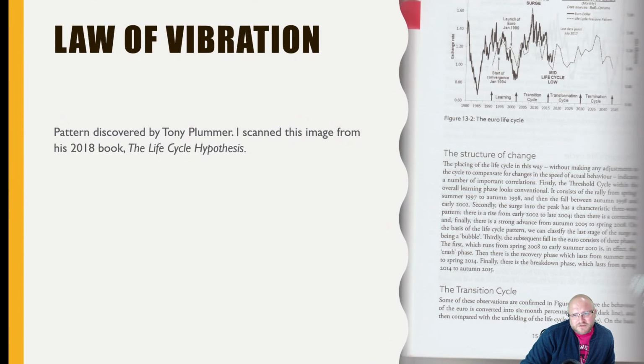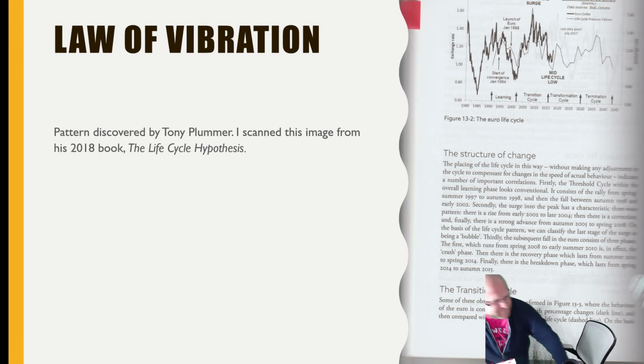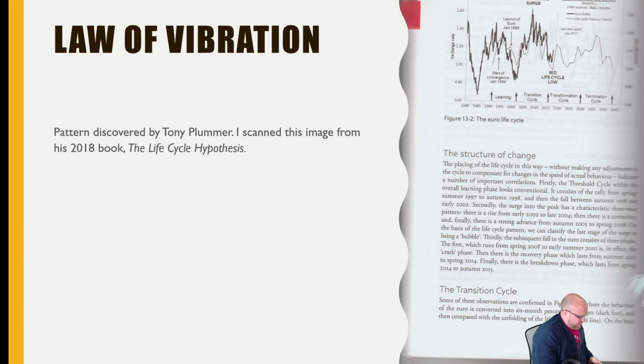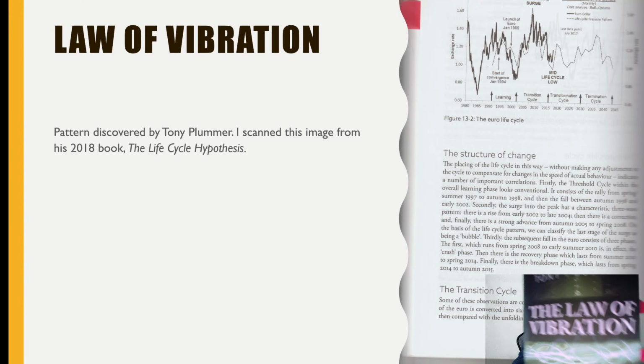So this is a part of Gann analysis as well. So Tony Plummer, life cycle hypothesis. Oh, that was loud. It's actually a follow up to this, his first book, The Law of Vibration.